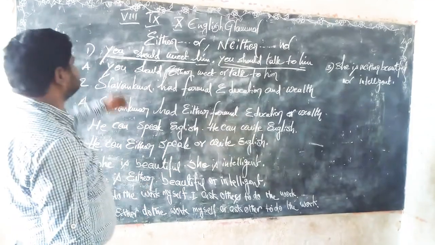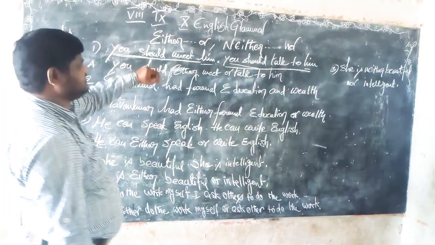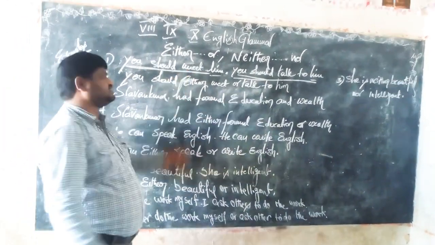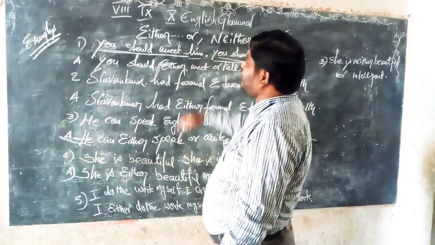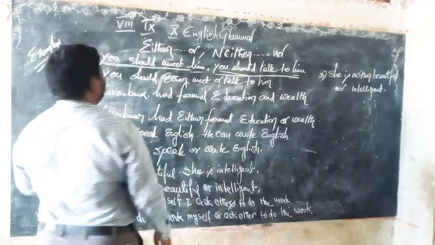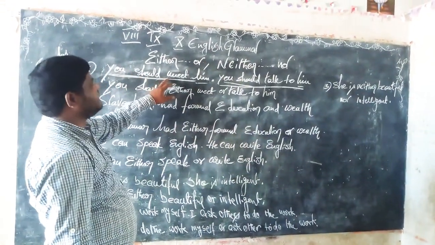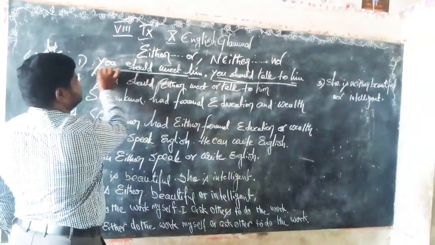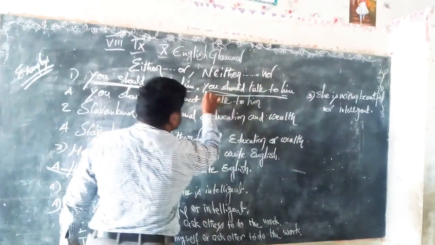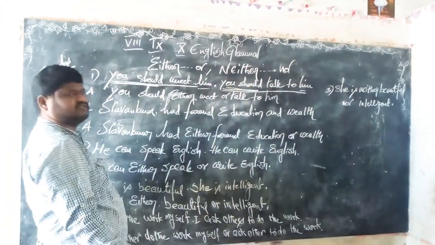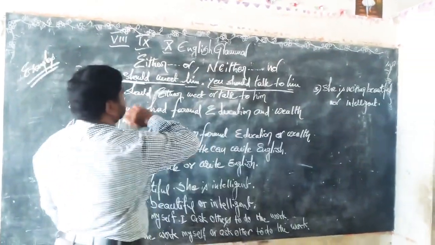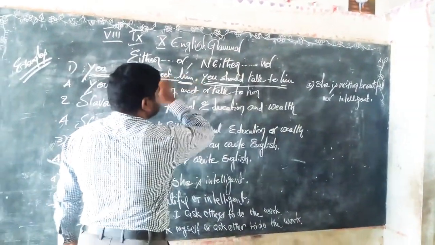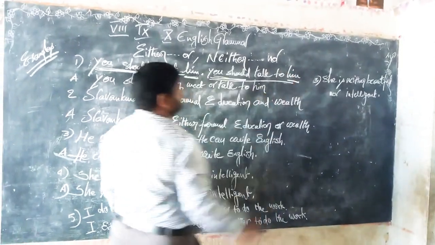Friends, you should meet him. This is the first sentence, and you should talk to him. This is the second sentence. How do we identify? You should: this is the similar word. You should: this is the similar word. This is a different word. You should, similar word, and you should, similar word. And then him, here the sentence also has him.